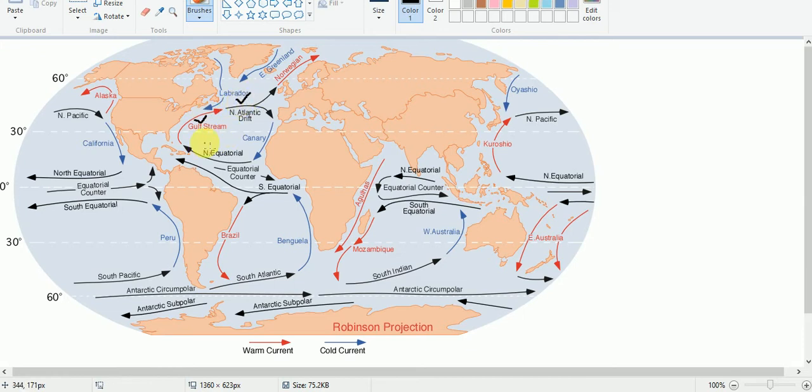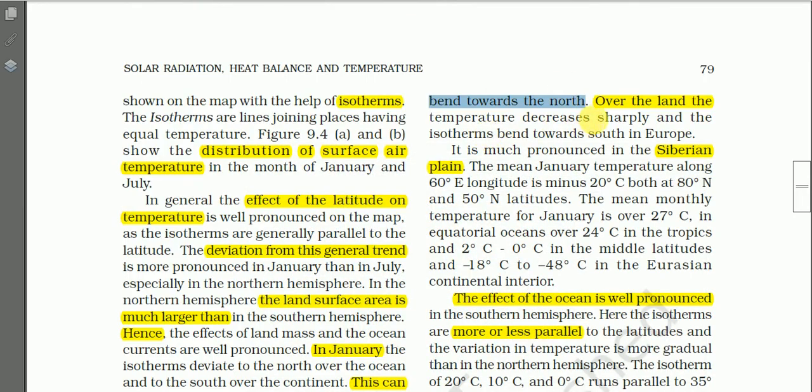The Gulf Stream and the North Atlantic Drift transfer heat from the equator towards the pole, and that is why the isotherms are bending in this way. So that is the point mentioned here.